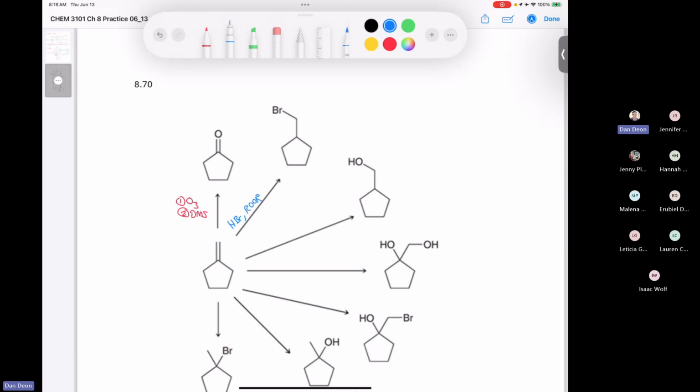And the next one is an anti-Markovnikov addition of water, and we've seen that twice already this morning, so borane and THF followed by H2O2 and sodium hydroxide. And again, sometimes in things like the MCAT or ACS, they'll write it this way. They'll put step 1 is B2H6, and step 2 is H2O2 and hydroxide.